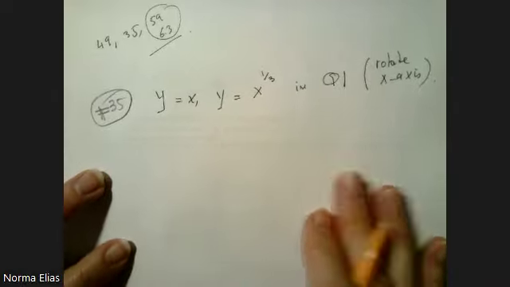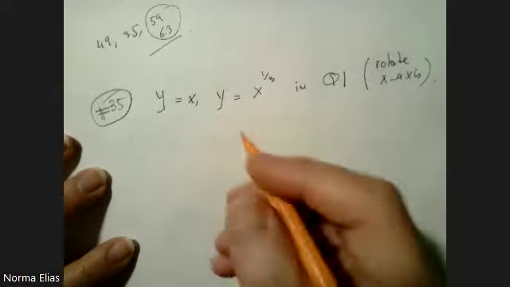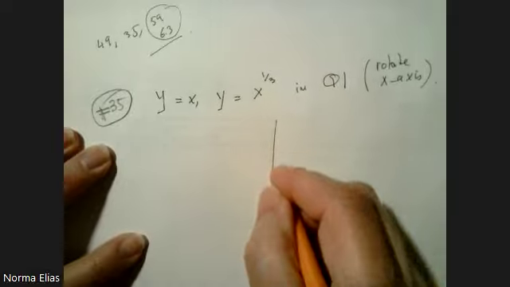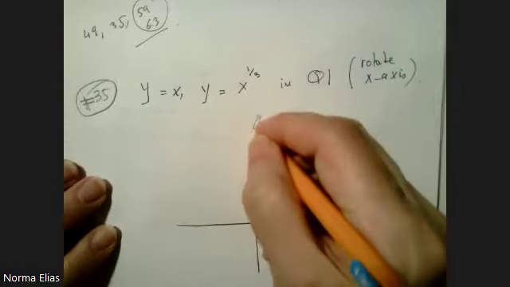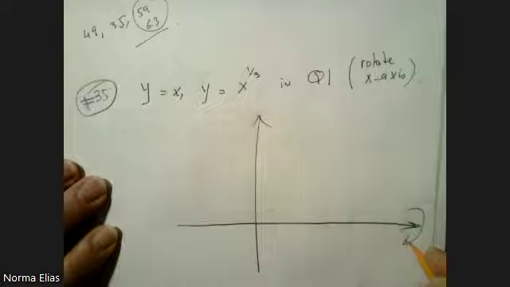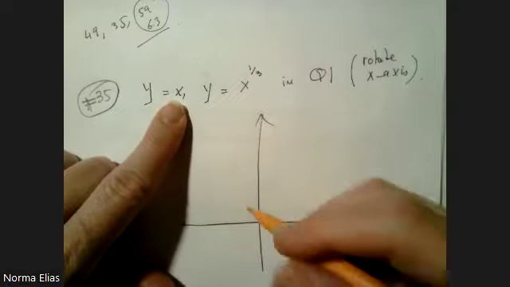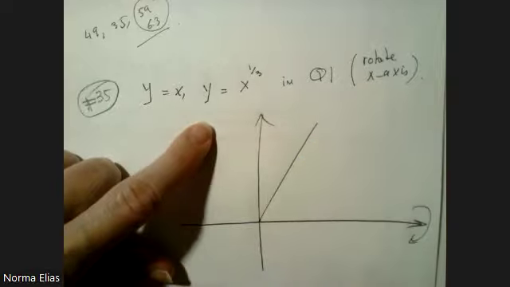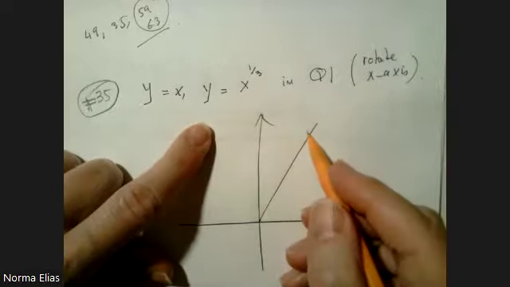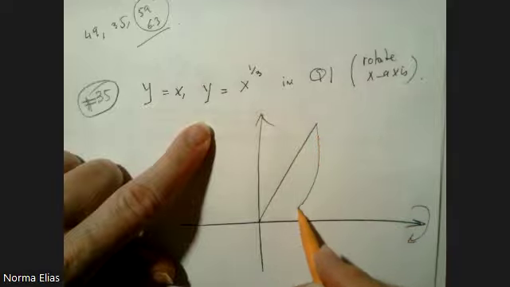I will ask you this question. Probably they are the same, but I will ask you the question once I graph the function. So this is my function right here. And this is my axis of rotation. Y equal to x, straight line. X equal to a third goes like this. Oh, sorry.